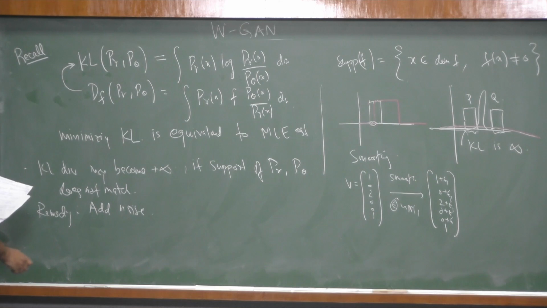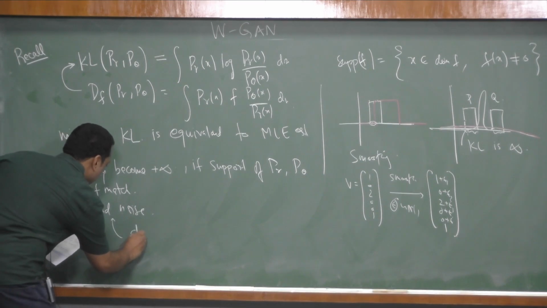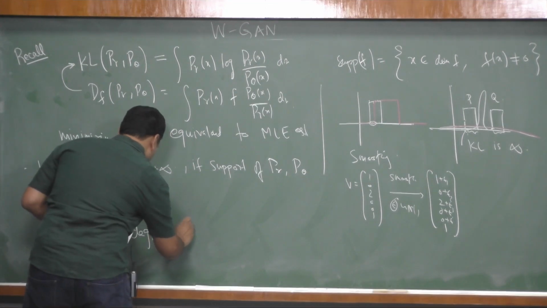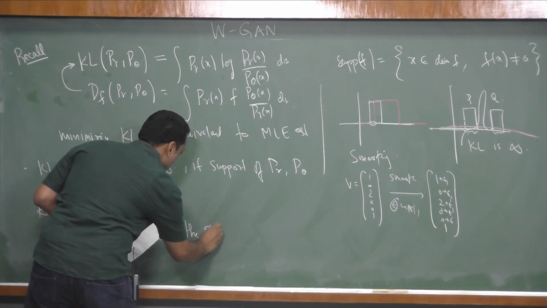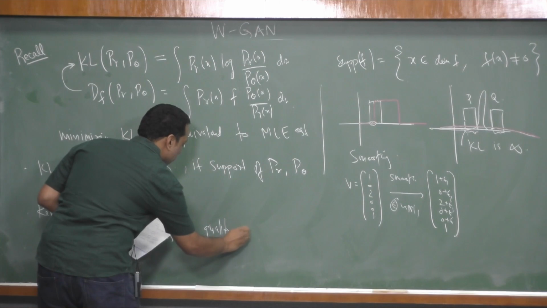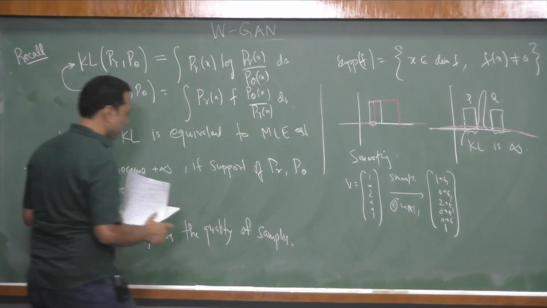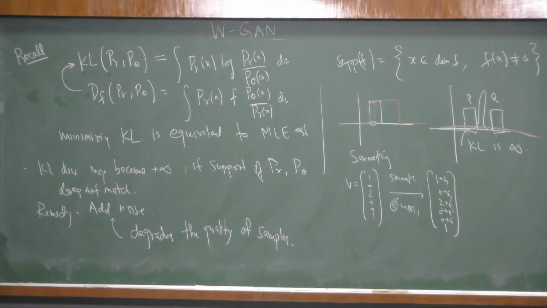But this noise degrades the quality of samples. Okay, so even if it's an image or something, there could be very minute things in the image, and just because of this smoothing, you degrade that, right?